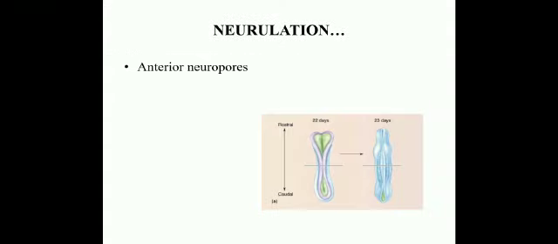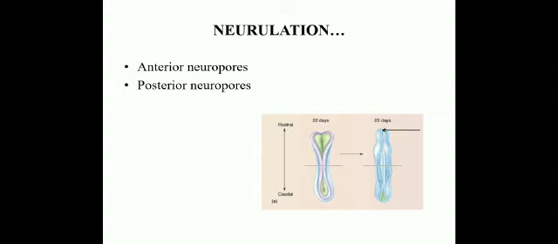The fusion of the cranial and caudal ends of the neural tube is delayed, forming small openings called the anterior neuropore and the posterior neuropore. The neural tube and overlying amniotic cavity remain temporarily in open communication through these pores.